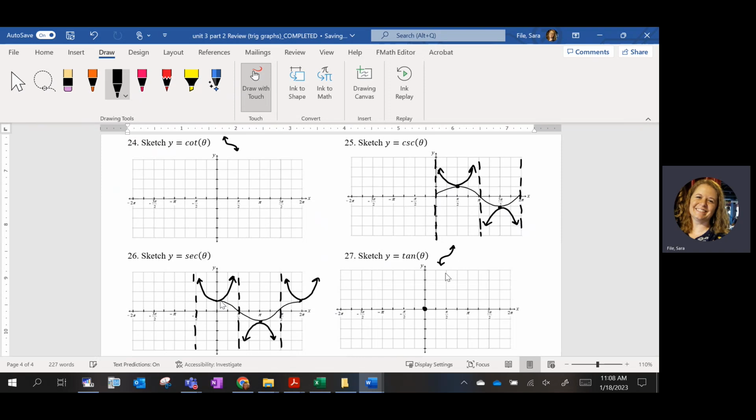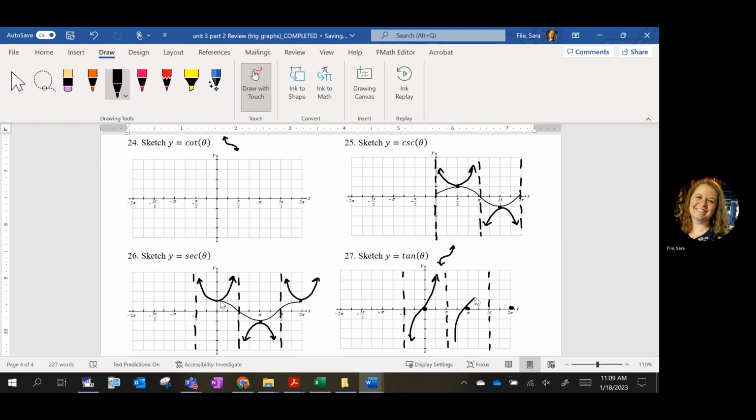So that's at 0, at pi, and at pi halves. Those are going to be points on the tangent graph. In between those is where the asymptotes are going to be. And we said that tangent increases left to right. Cotangent is the opposite direction. It's decreasing left to right.